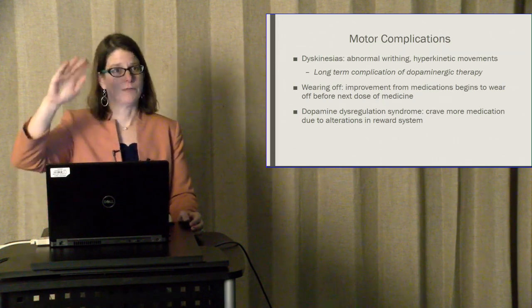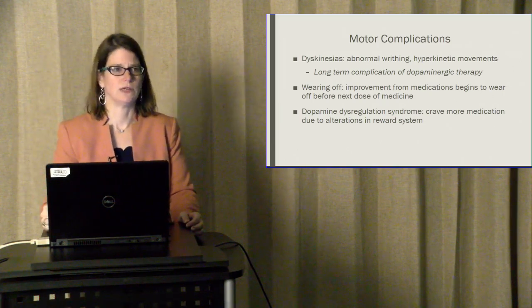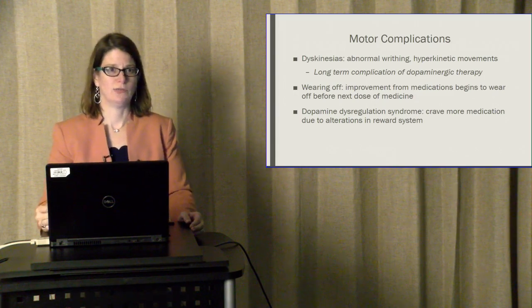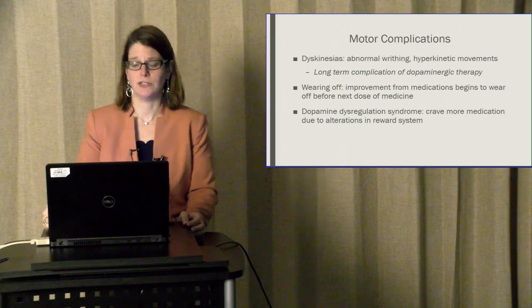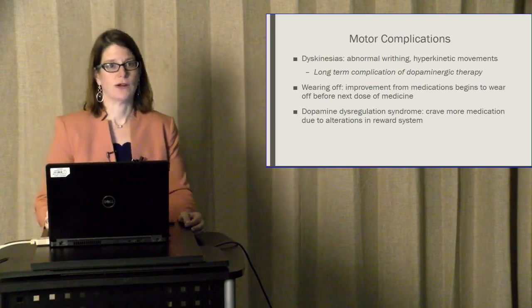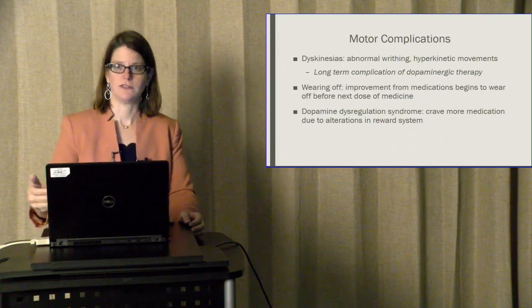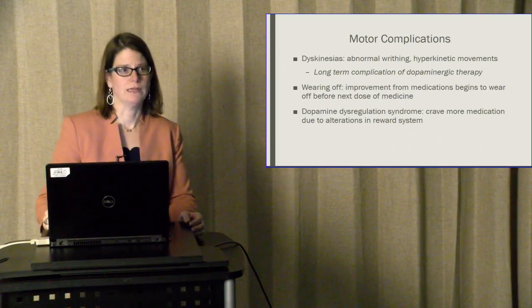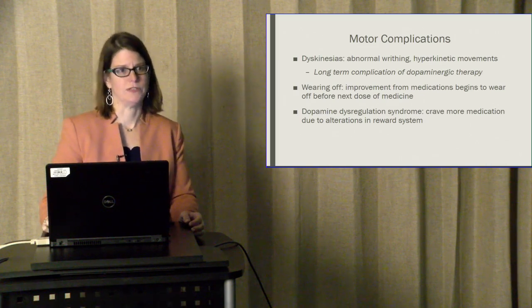And that on time can also be associated with those dyskinesias, the excessive wiggly movements, so it can be very disruptive and hard to plan your day around. And then there's also something called dopamine dysregulation syndrome, where patients crave more and more medication and take more than they need because there's a feel-good phenomenon from taking dopamine. That's related to dopamine dysregulation and alterations in the reward system.